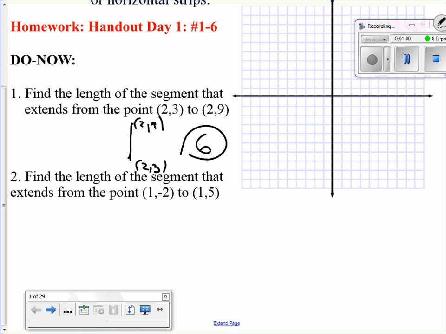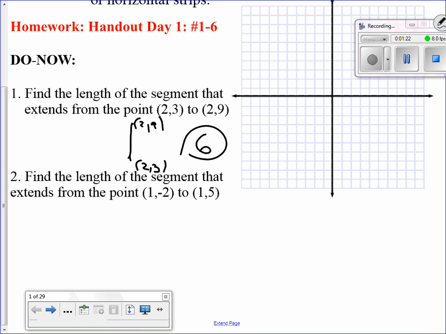Oh, we're getting 6? All right, nice. Now, did you count boxes? You did the distance formula. I saw that. I was like, whoa. Some people are saying I just did 9 minus 3, right? It's a little easier.